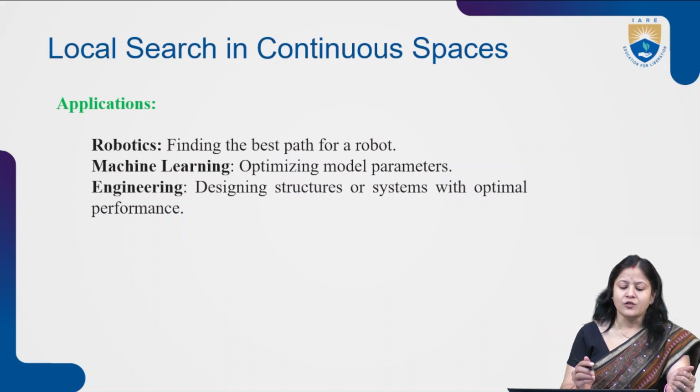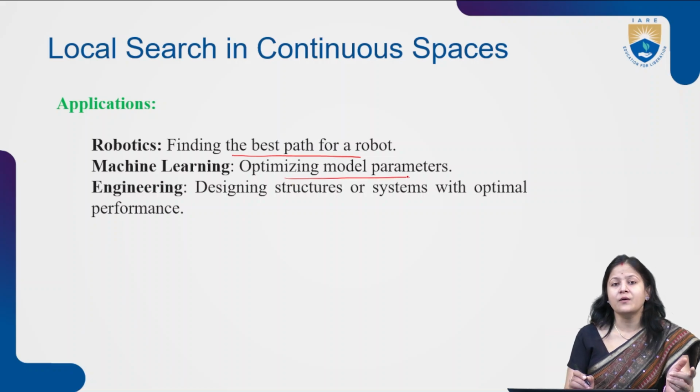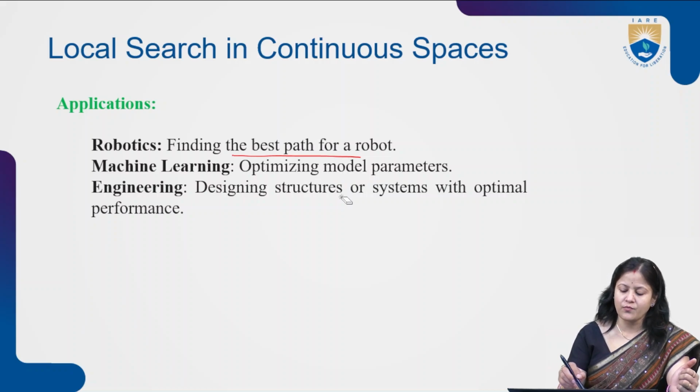That is why robotics is one of the best examples, because the robot has to explore the partially observable environment to find the goal state. So finding the best path for the robot is the first application. The second application is in machine learning, to optimize the model parameters, and the third application is in engineering, for designing the structure of systems with optimal performance.